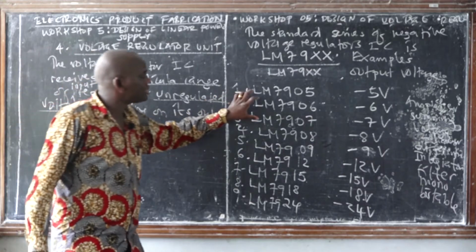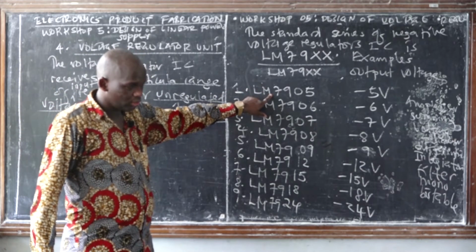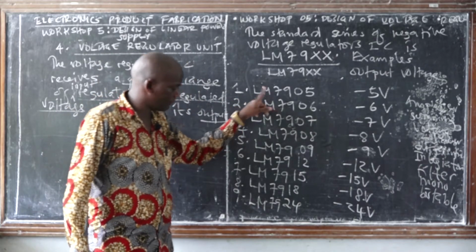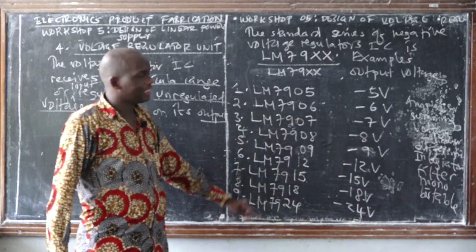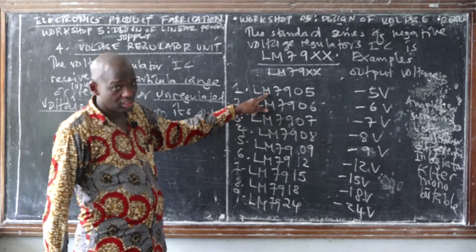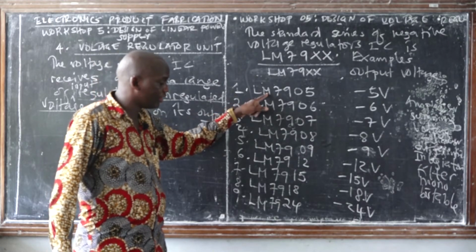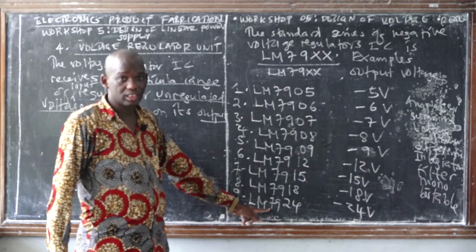So for instance, there is a minimum input voltage for this IC which will be different from the minimum input voltage of this IC. There is a maximum input voltage for this IC before it burns out, which is always different from the maximum of this voltage regulator.